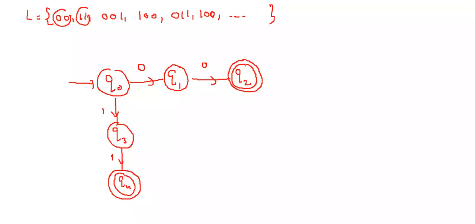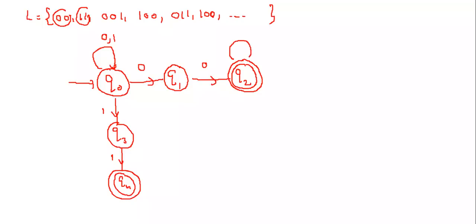Now I will write the possibilities. Suppose if I see 0, I will be on Q0 only. If I see 1, I will be on Q0 only. For some 0, I am going to Q1. Again, on seeing 0, I am going to Q2.